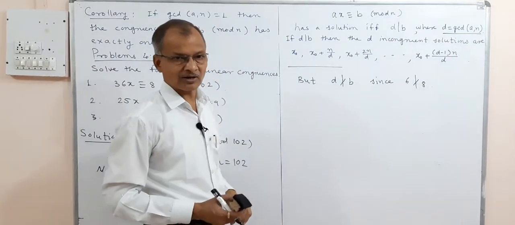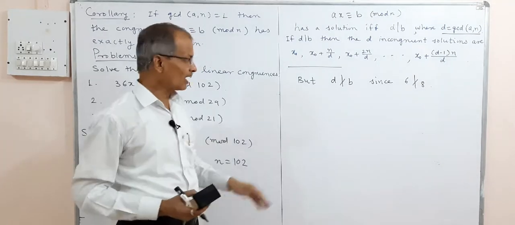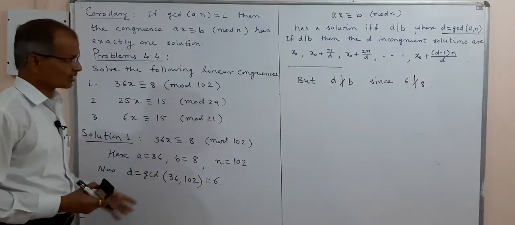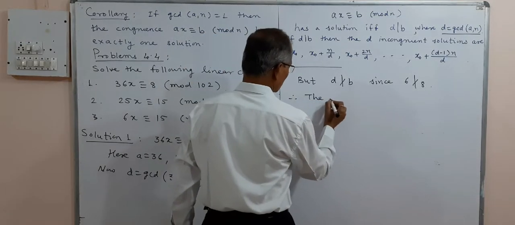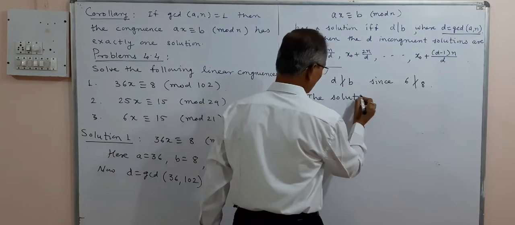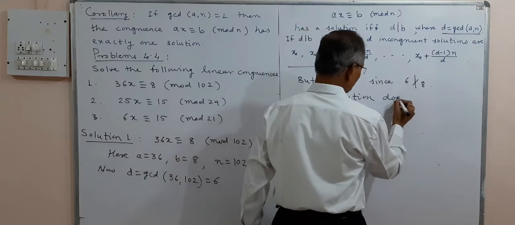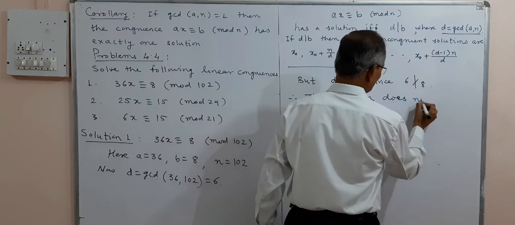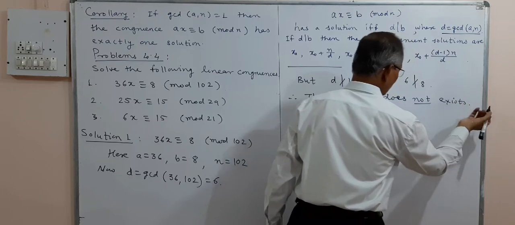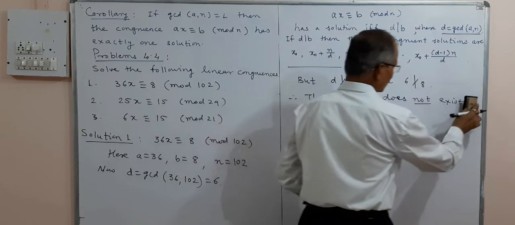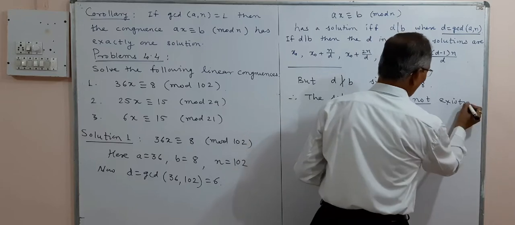If d does not divide b, the solution does not exist, and therefore the solution does not exist for this congruence. So we have to stop here. The solution does not exist.